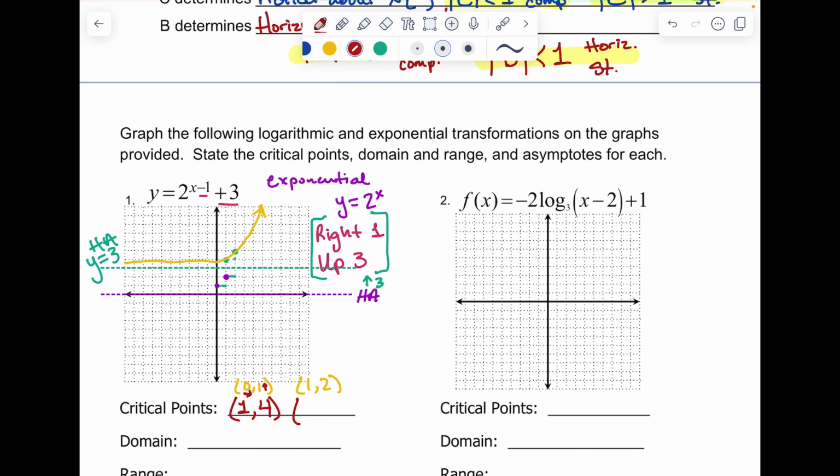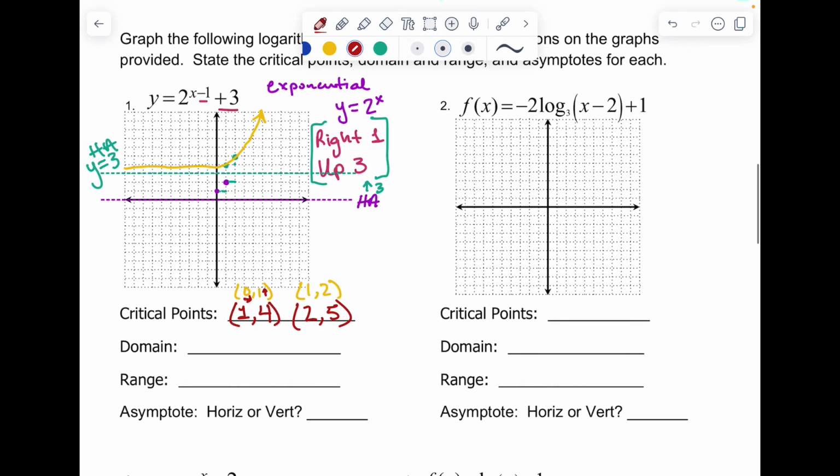And then same thing here, we're going to go right 1 more, and we're going to go up 3. So we'll have 1, 4, and 2, 5. The domain is still all real numbers, and the range is now 3 to infinity because our horizontal asymptote moved, and we have a horizontal asymptote at y equals 3.